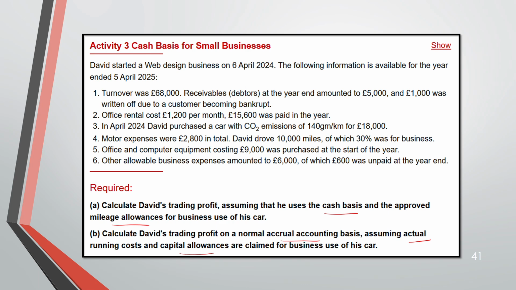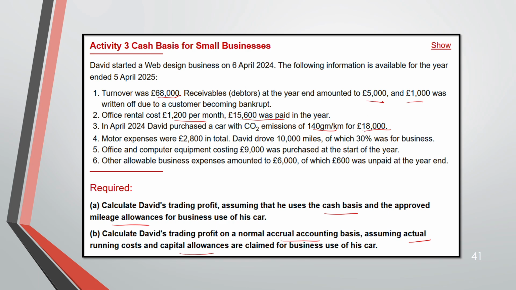Okay. So here, David started a web design business on 6th April 2024. These are the following information for the year ended after 1 year. So turnover is 68,000, receivables are 5,000, and 1,000 was written off due to bad debt. Then office rent is 1,200 per month, 5,600 was paid in the year. In April, David purchased a car with an emission of 140, 18,000.